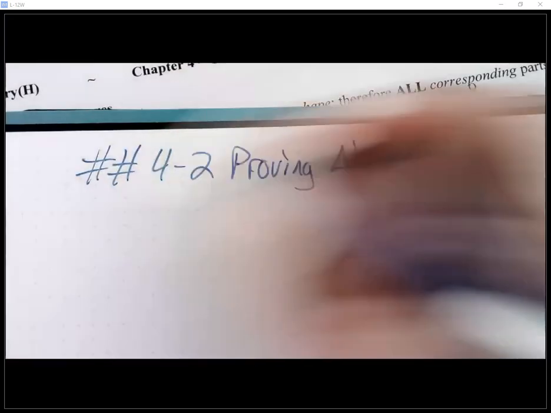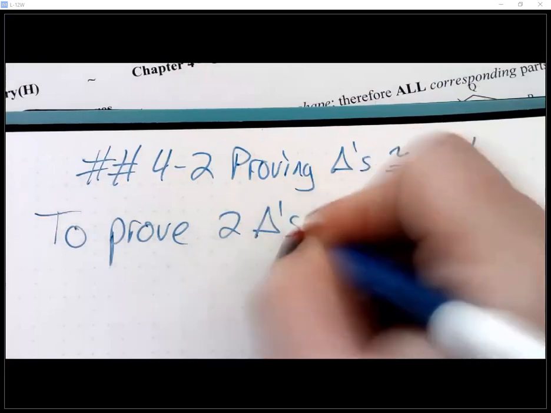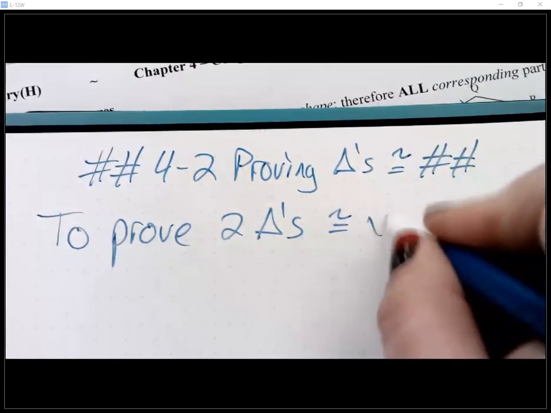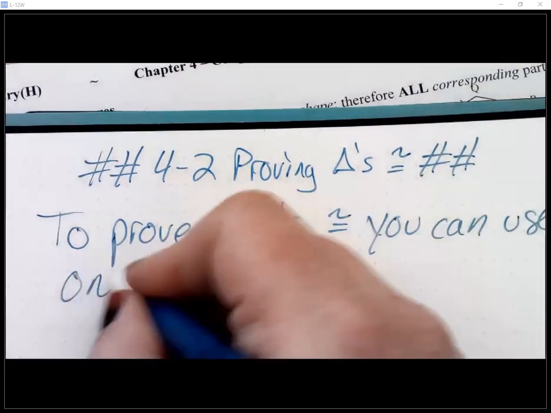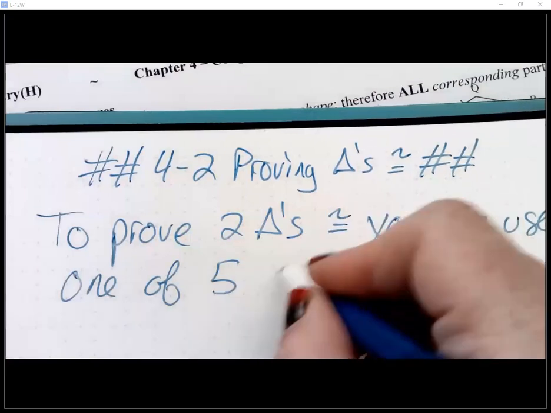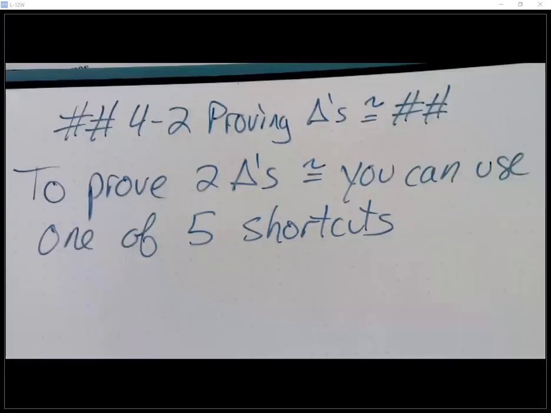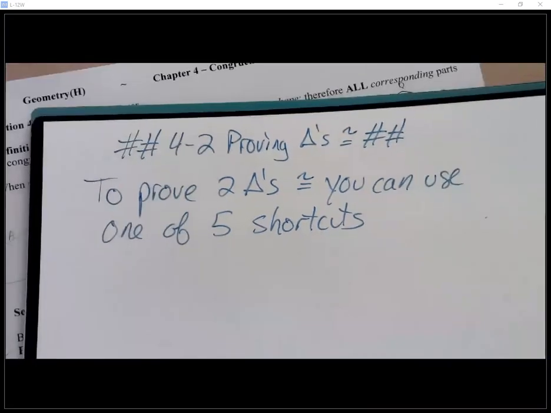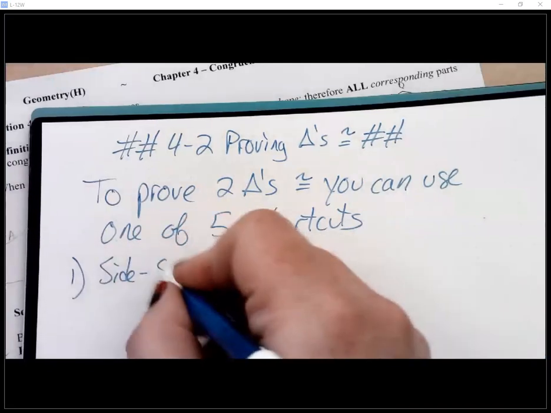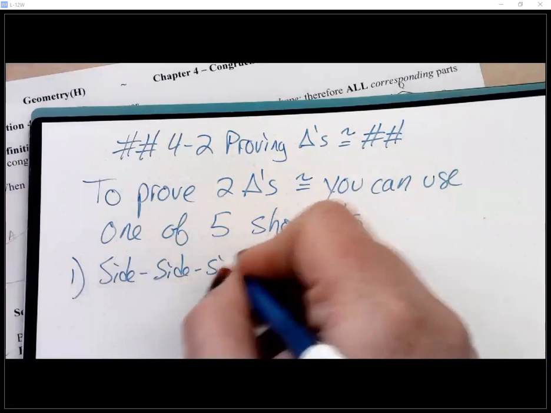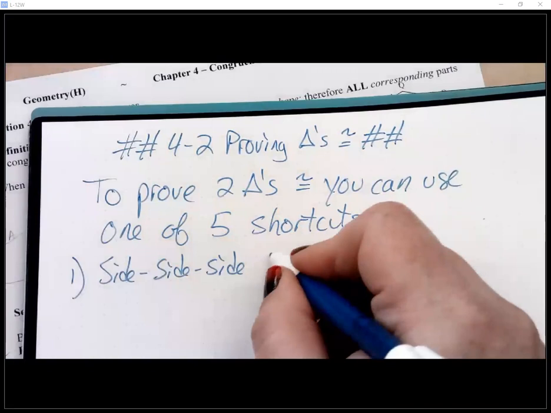So to prove 2 triangles congruent, you can use one of 5 shortcuts. We just talked about the first one, which is called side, side, side. Because again, we're lazy, we don't want to write all that, you can literally just write SSS.